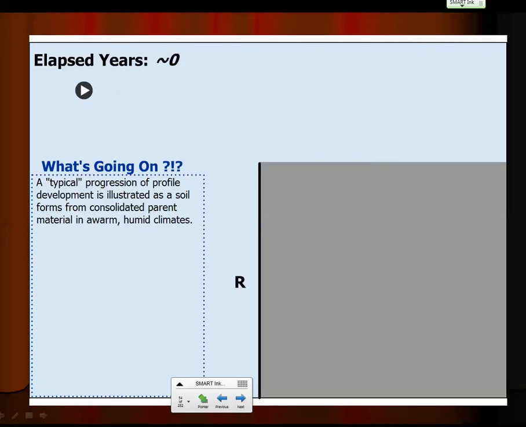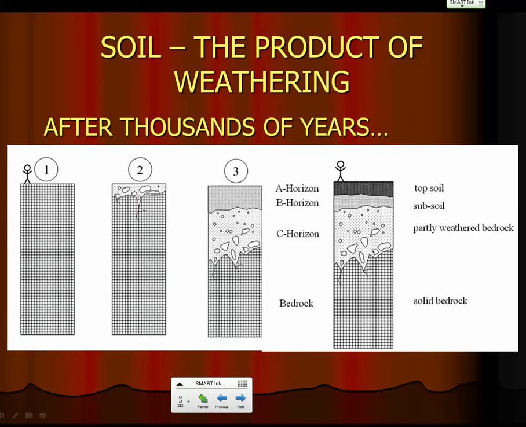All right, moving on. So this is a very simplified picture here, but it's a good one to see. We have our person standing on solid bedrock, solid, and then over time, we can see it starts to break down, little tiny pieces here. Okay, over more time.